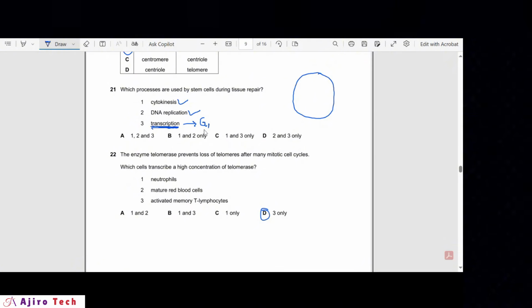The cell goes through M phase, G1, S, and G2. S is where DNA replication occurs, and during G1, the cell carries out its normal function, which includes transcription of genes and translation of mRNA into protein. So the three processes are involved.